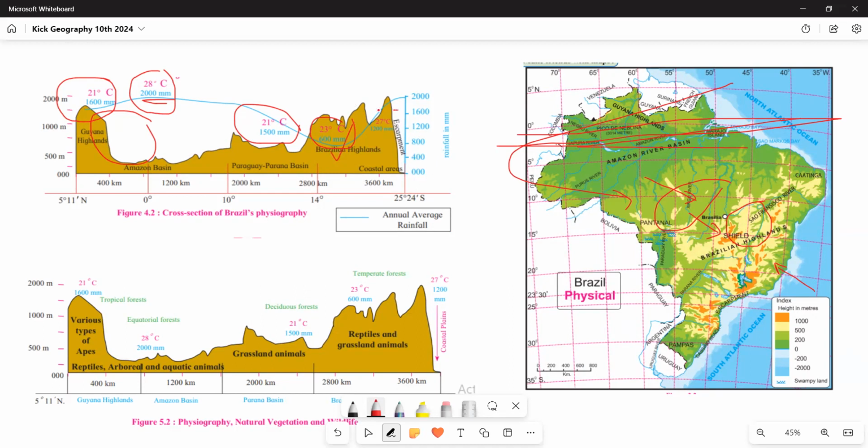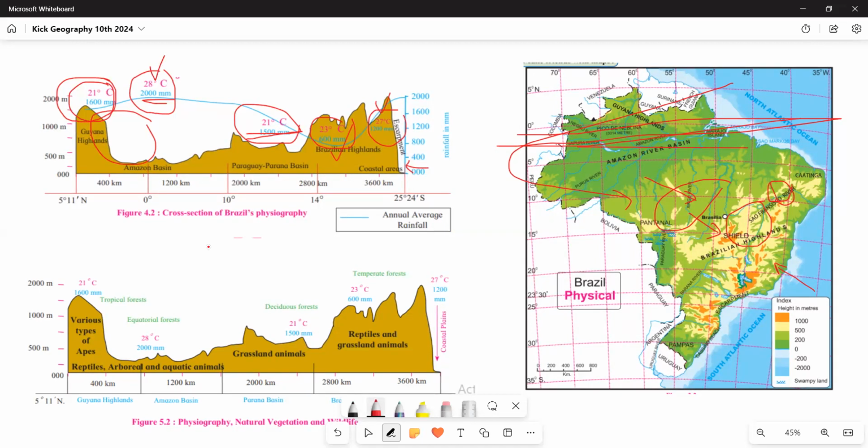Whereas as we reach the escarpment, where again the elevation is high, rainfall is more, and after that you have got a coastal area. Again, we can see that at the equator, the temperature is highest, then it is highest at your drought quadrilateral, and then it is in between as far as your Guyana highland is concerned, and also the Paraguay Parana basin. And it is in between where you have the Brazilian highlands.